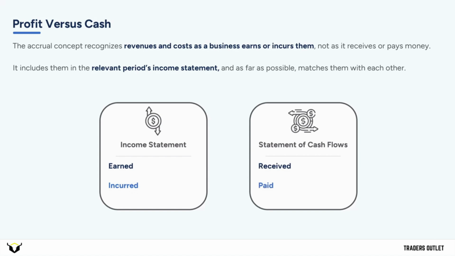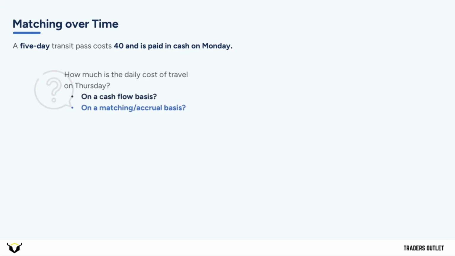Let's explore why profit and cash are not the same thing with a tangible example. Let's imagine you were to buy a 5-day transit metro pass that cost $40, and you paid for it all with cash on Monday. Let's also assume that you use the travel pass every day from Monday to Friday. What would you say the daily cost of travel is? Let's say on Thursday.